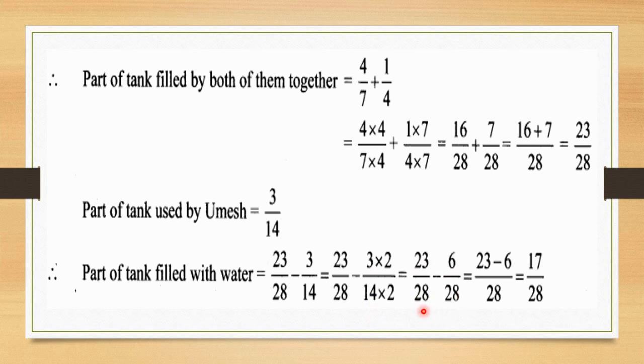Here you can see the denominator is same. Now we can simply subtract numerator over a common denominator. So 23 minus 6 upon 28 is equal to 17 upon 28.